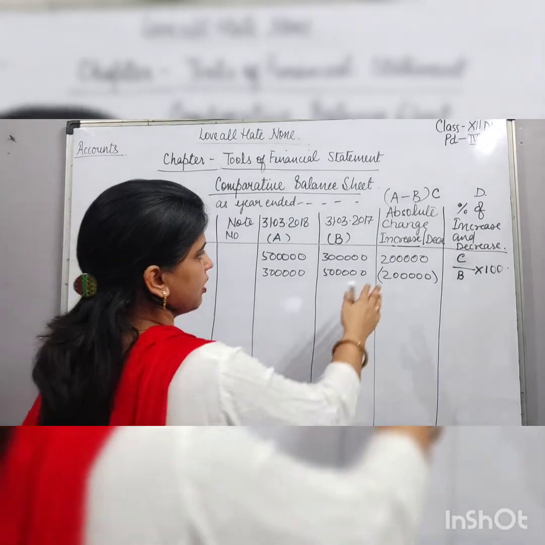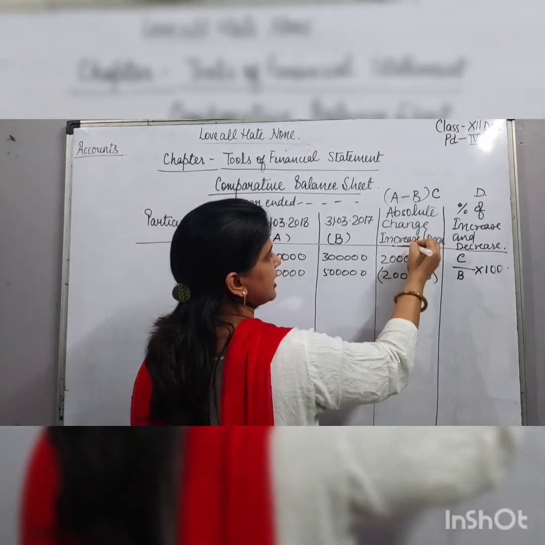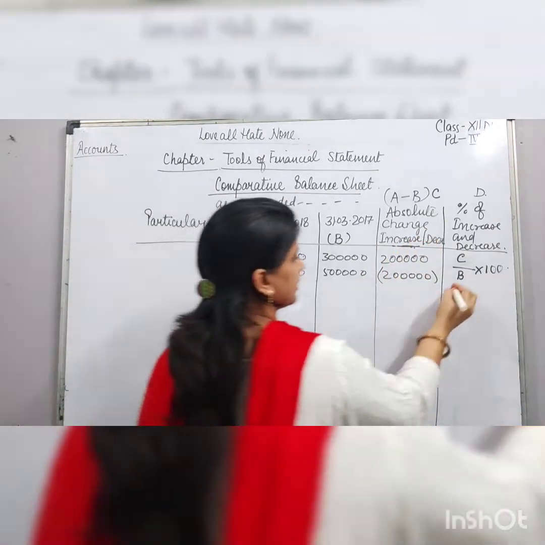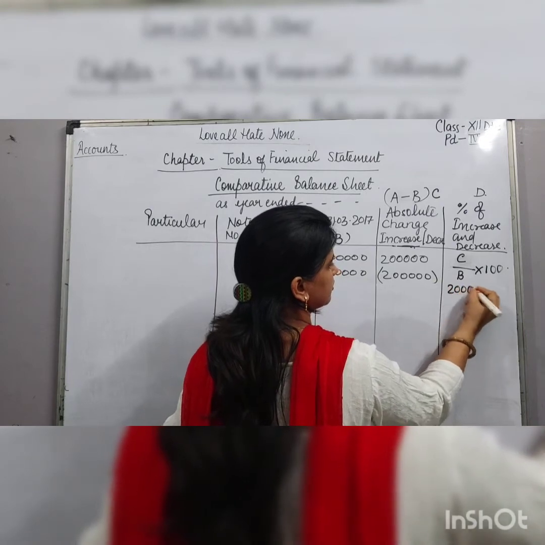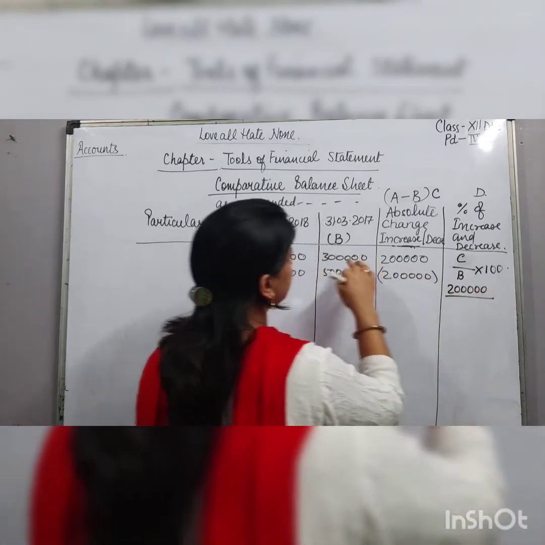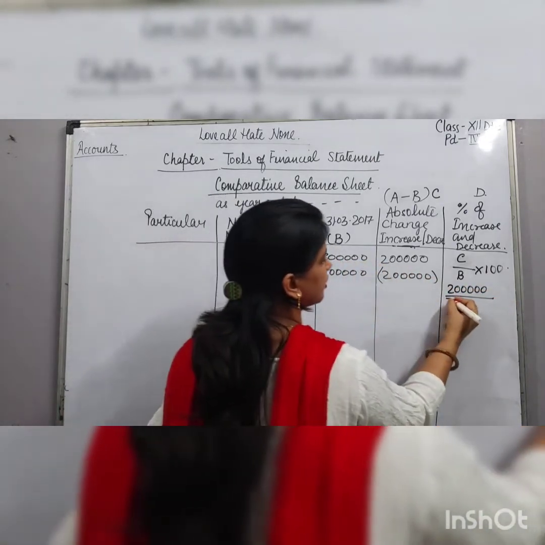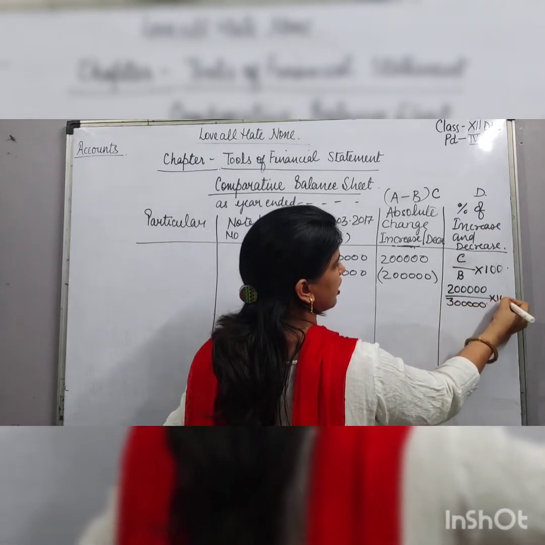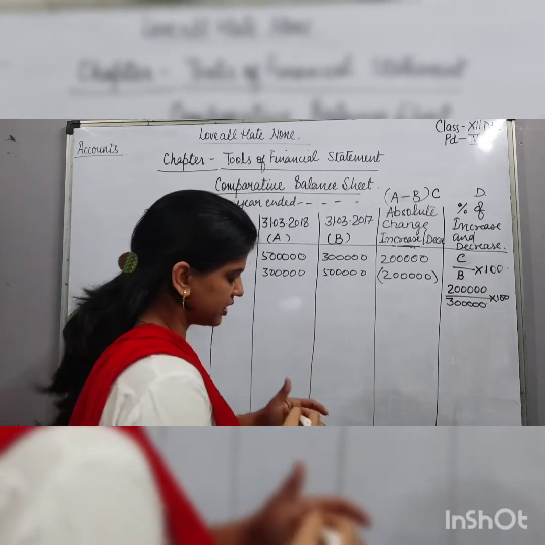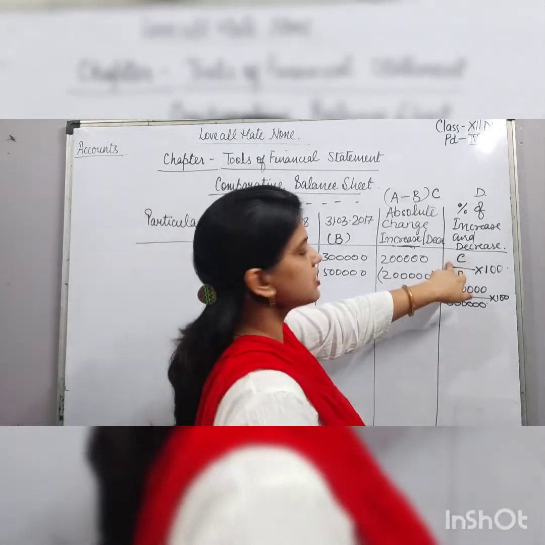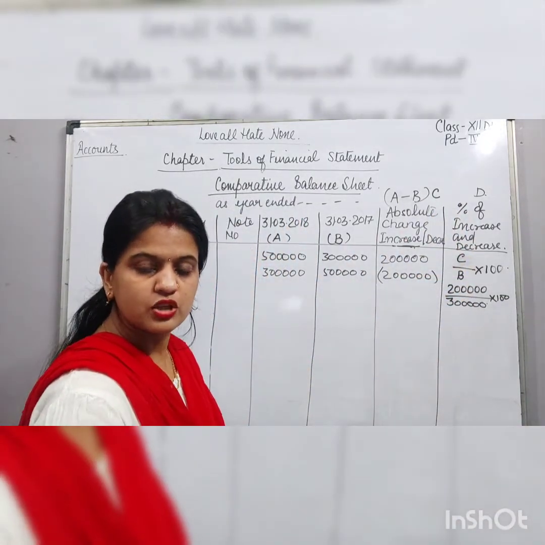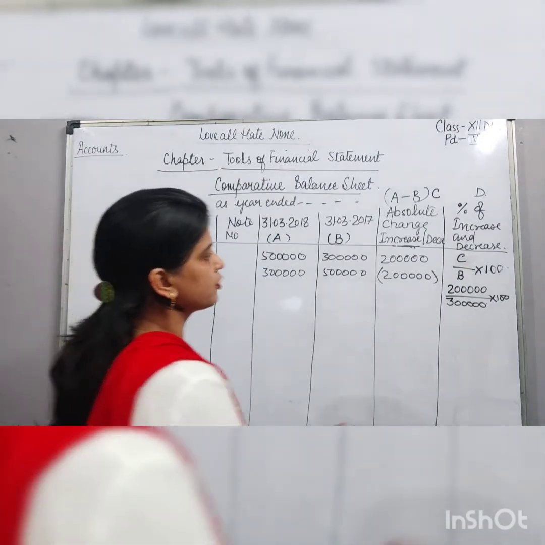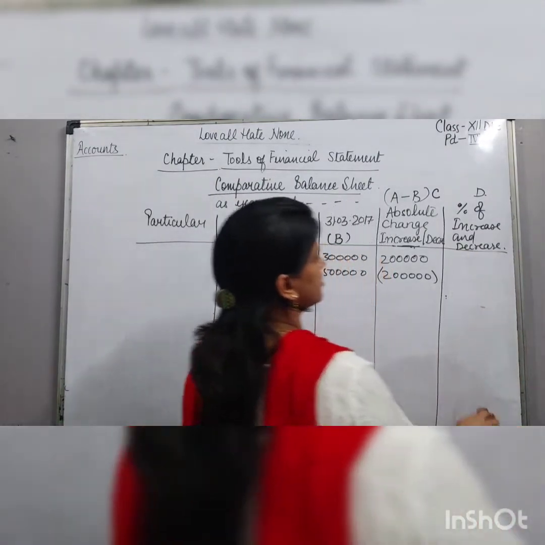Whatever the increase or decrease answer is will be written here, divided by B, 3 lakh, into 100, and whatever percentage comes, we write here. In this way we have to do these questions.